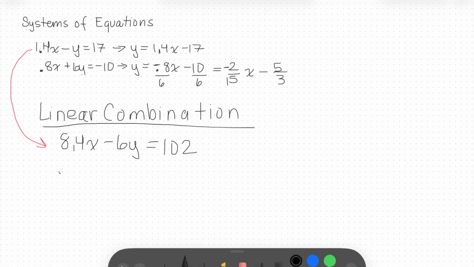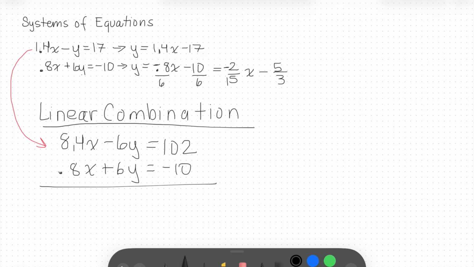And then in the second equation, I've got 0.8x plus 6y. So that's why I multiplied this first equation by 6, so that I'd get a match of 6 and negative 6. Okay, and then negative 10.